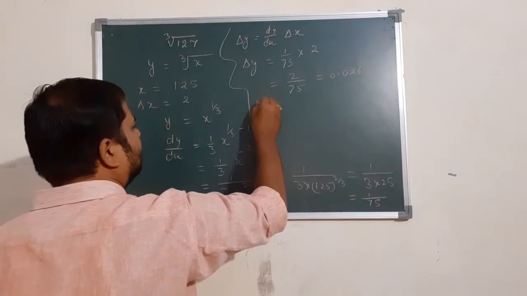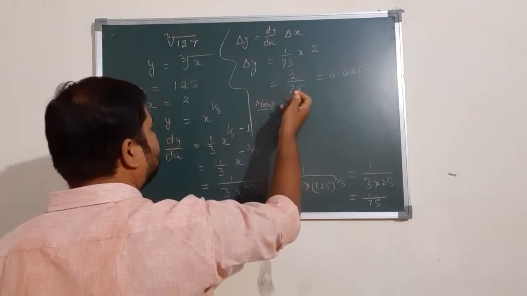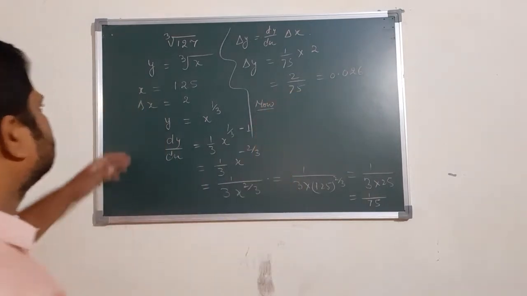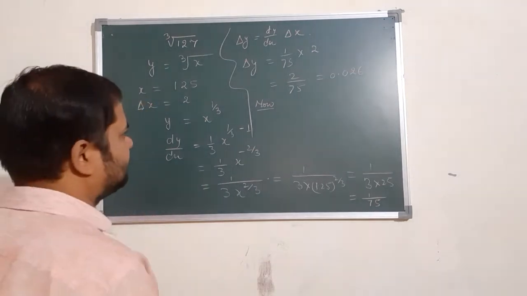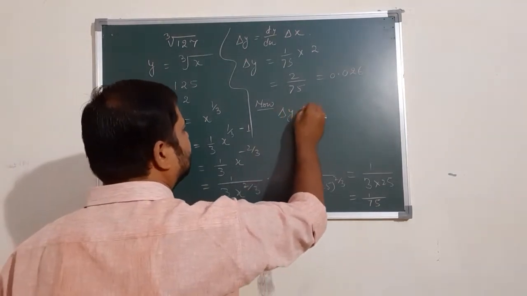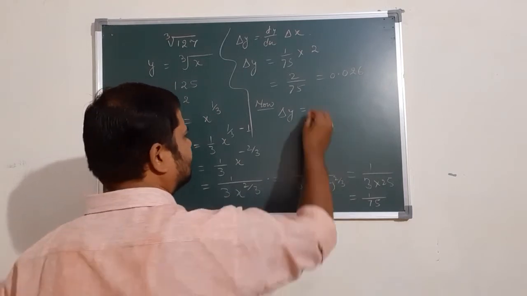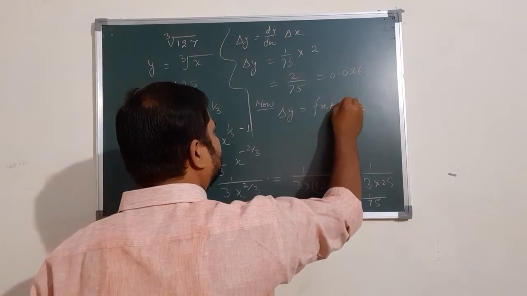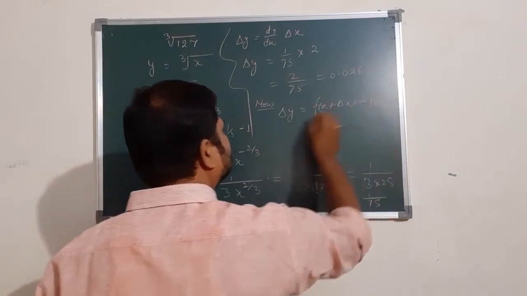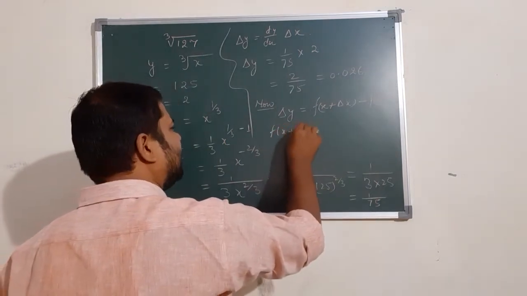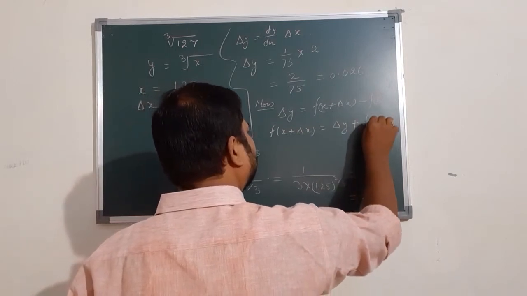Okay, now y plus delta y, that means f(x plus delta x) plus f(x). So delta y is nothing but f(x plus delta x) minus f(x). So f(x plus delta x) is delta y plus f(x).